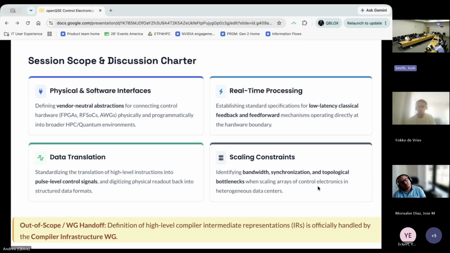So if I understood Yasuko's question, it is whether a control electronics rack can control only one QPU or multiple QPUs. Is that what you're asking, Yasuko, or did I misunderstand?